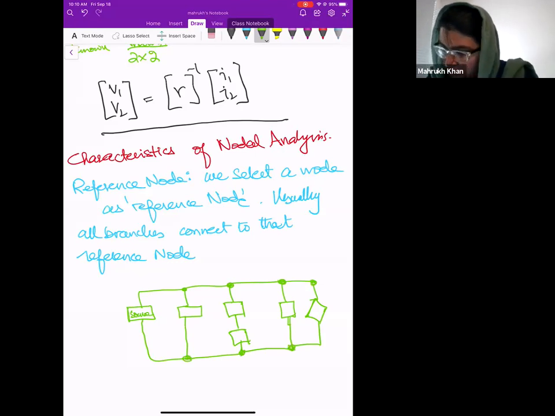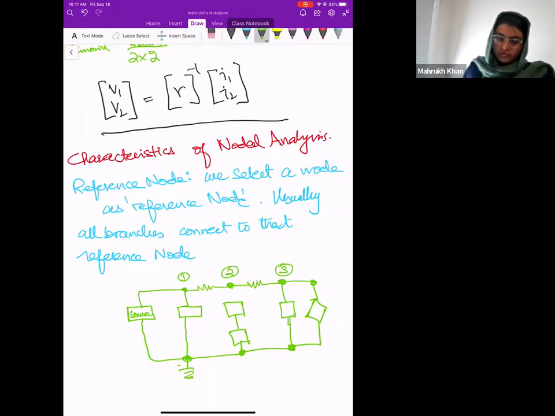Okay, so what do you think? If this is my first node, second node, third node, what do you think my reference node should be?